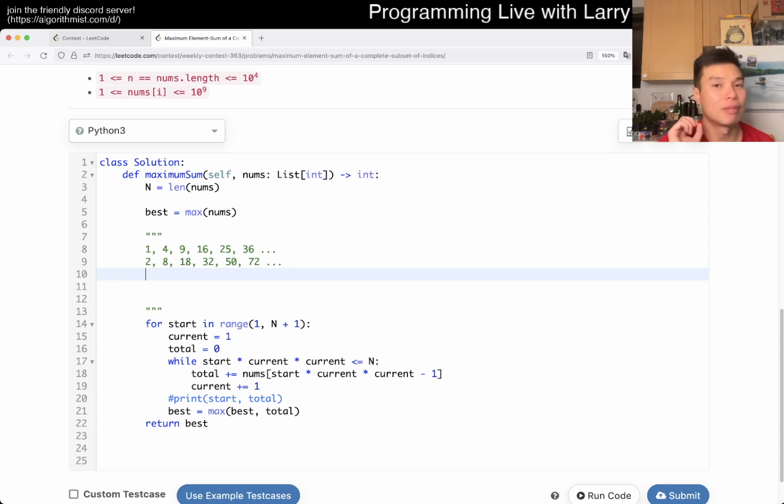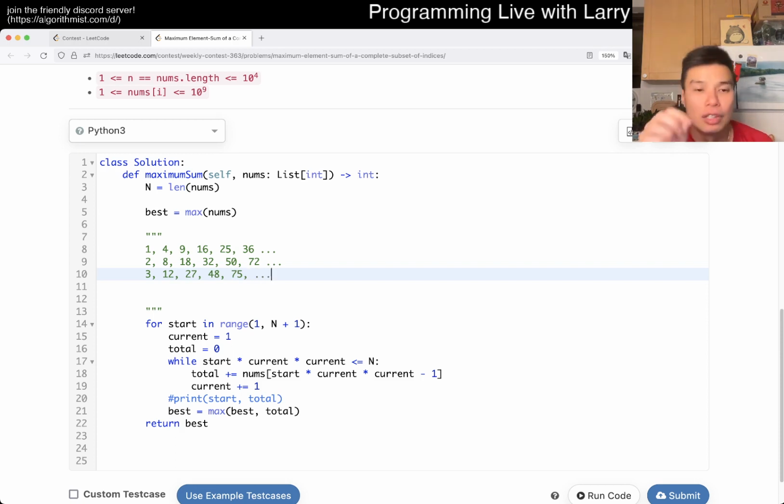Let's actually do this too as well. 12, 27, 48. I cannot do math. 75.